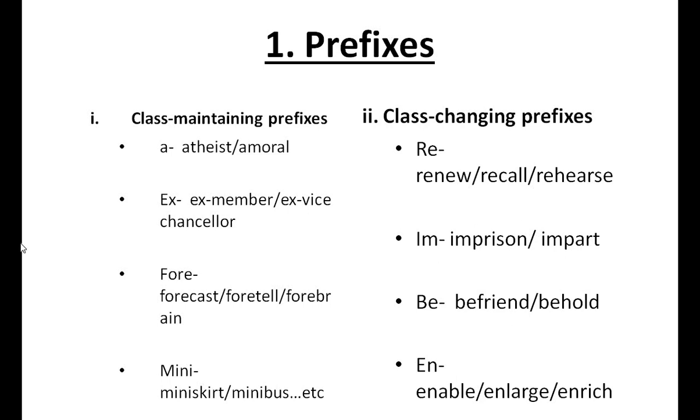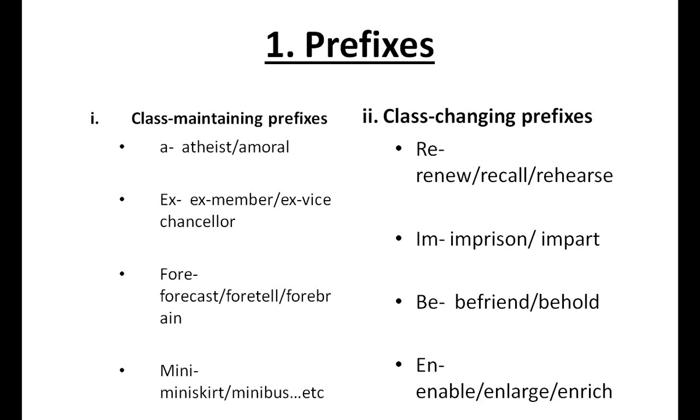Okay, if we have a class maintaining prefix, "atheist": theist is a person who believes in religion, atheist is one who does not believe. Moral and amoral. So here atheist was a noun. If we add an "a", it also becomes "atheist", a noun again. Similarly, "amoral" is not a noun but keeps its class. Ex-member, ex-vice-chancellor, they are nouns. They remain the same. There are prefixes which do not change the class.